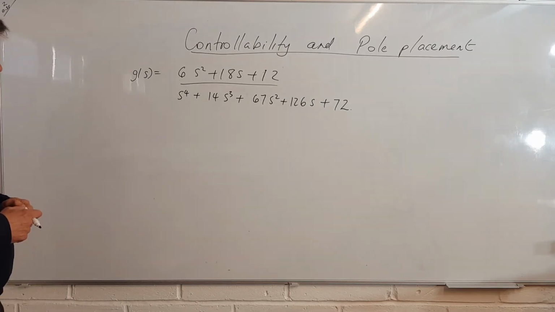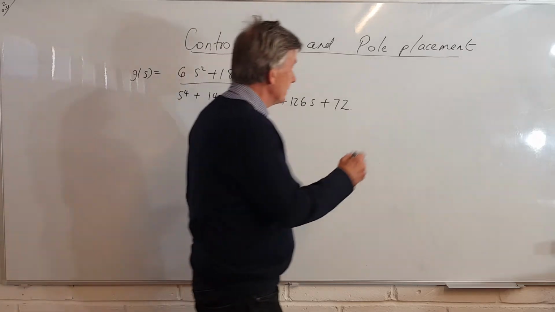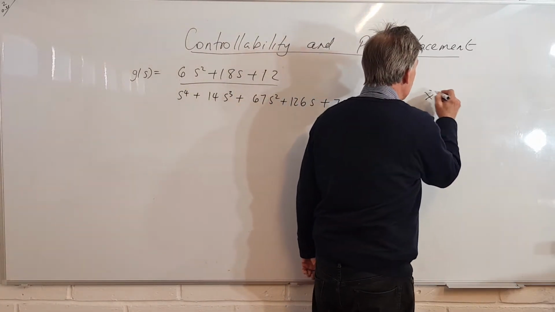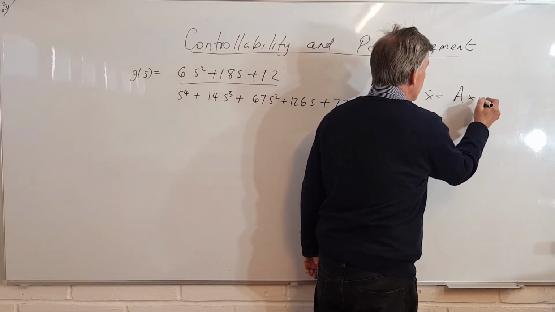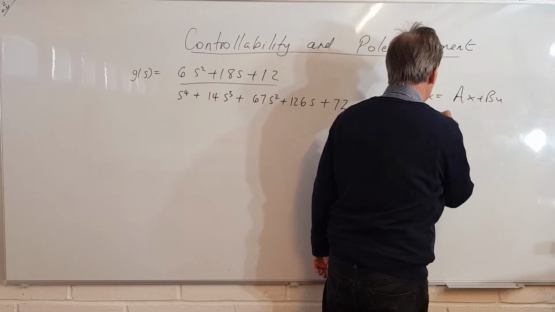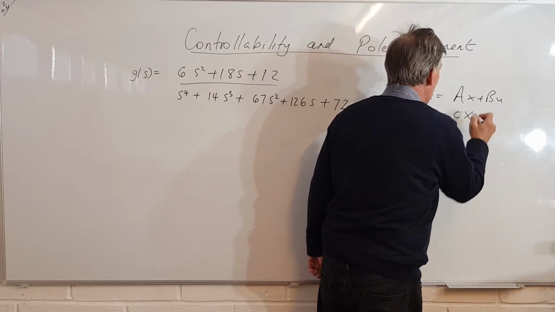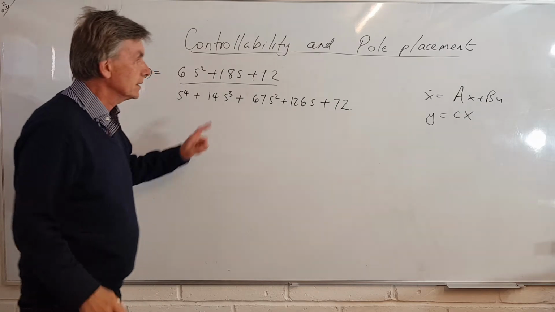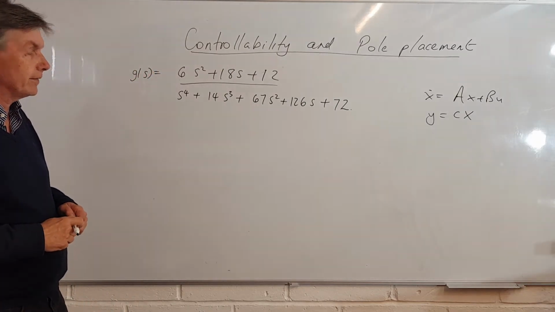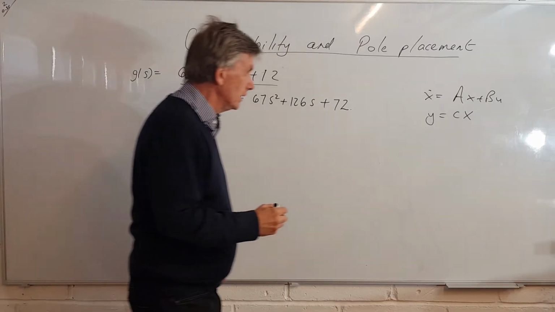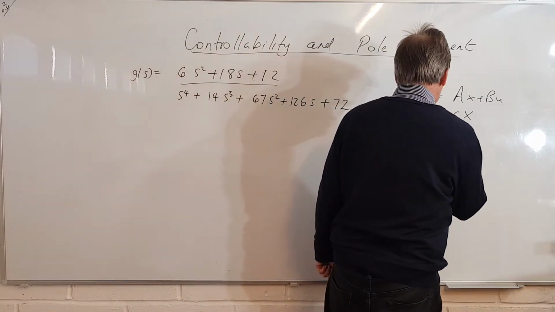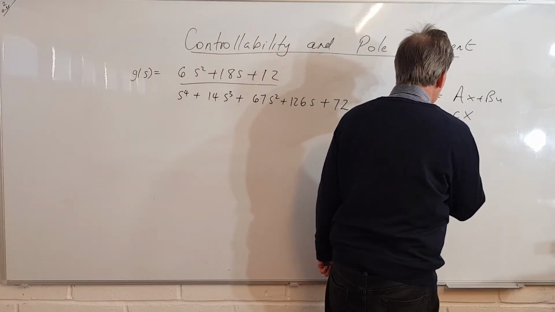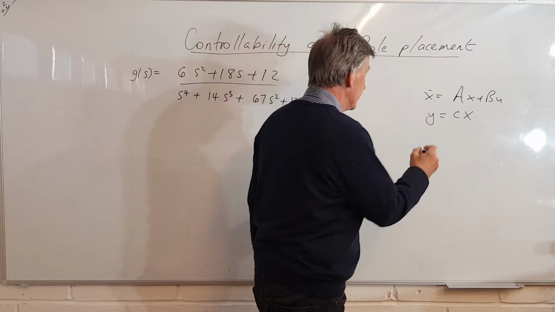So our first thing to look at is the controllability of this, and in order to compute this we need to do a number of things. We need to produce some set of state space equations of this sort of format for this system, and the best format for that, the simplest one, is the companion form.